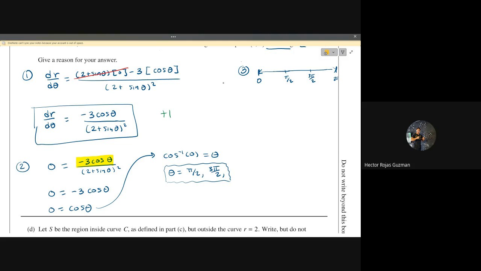And we're supposed to plug this into the derivative, because this is going to tell me if the derivative is positive or negative. So why don't I pick something I can evaluate pretty easily, such as pi over 3.